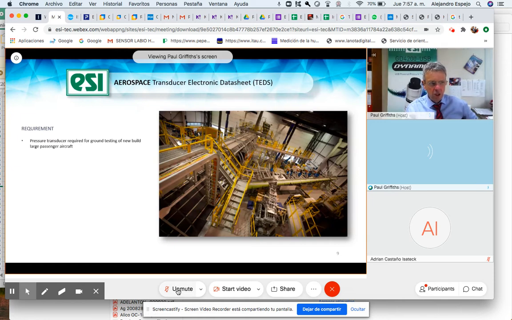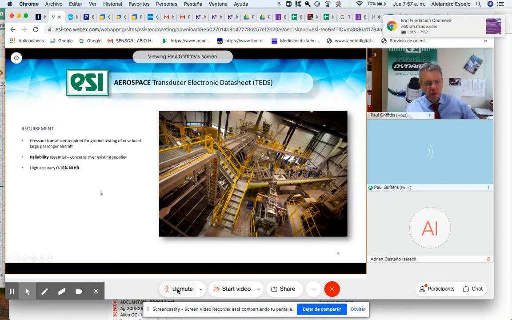And this application needed 300 pressure transmitters with a high level of accuracy, and importantly, a high level of resilience to pressure cycling. And that is perfect for our silicon on sapphire. So there's reliability.